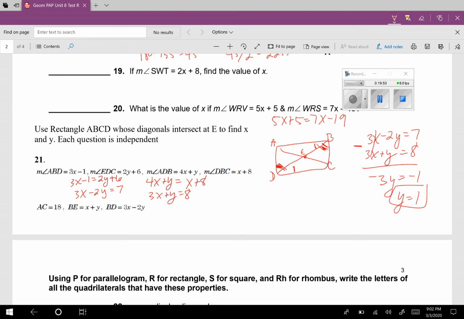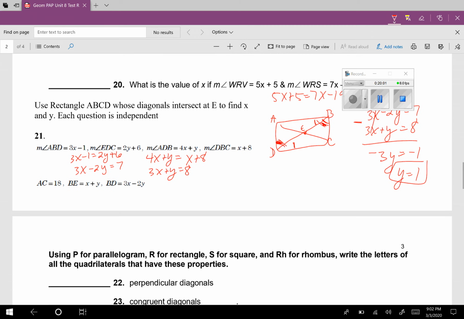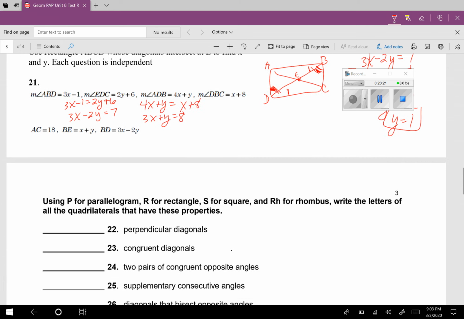And now that you know y, you can plug it in here and solve for x. And now we have AC is 18, BE is x plus y, and BD is 3x minus 2y. You just have to remember the entire diagonal versus this is only half the diagonal, so you have to multiply that one by 2 and write an equation there.